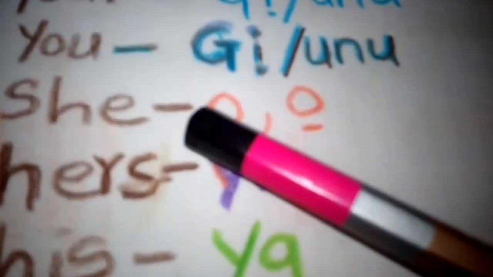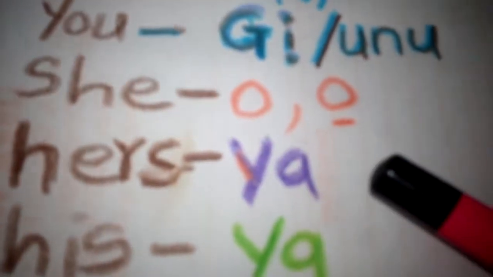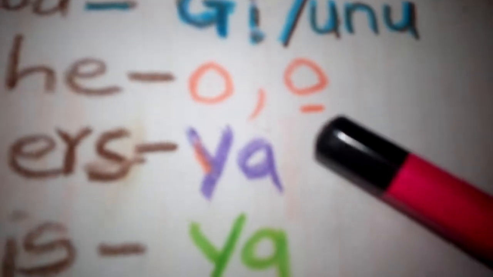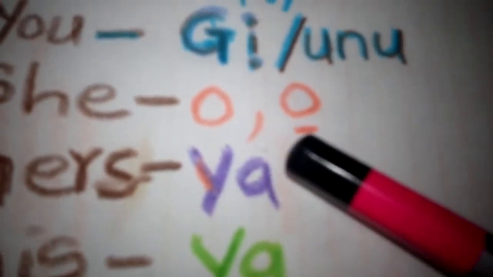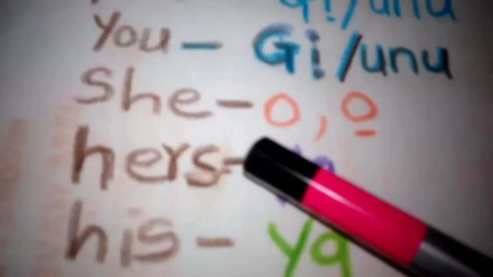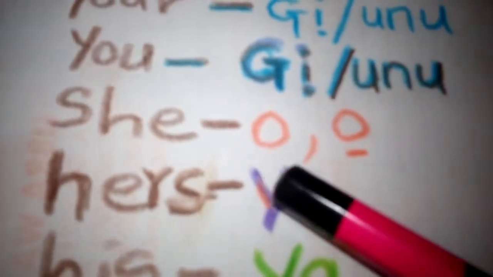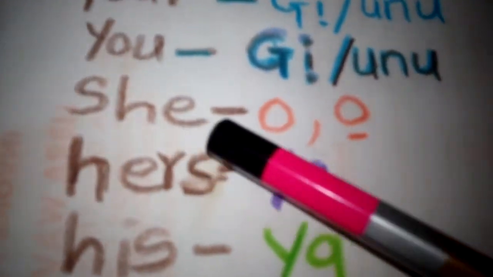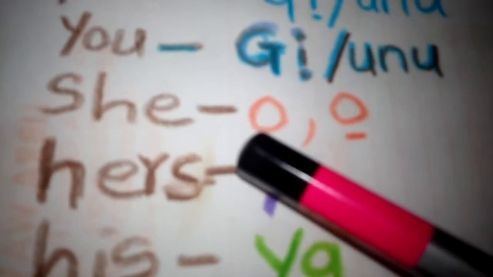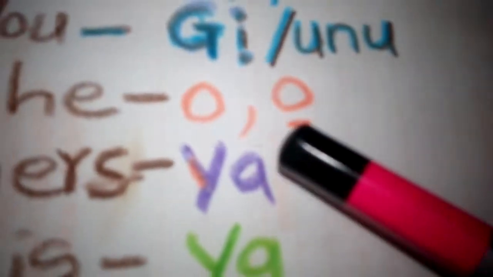Okay, so she can be o or ọ. You know, this one has a dot underneath. How do you know when to use o or when to use ọ?